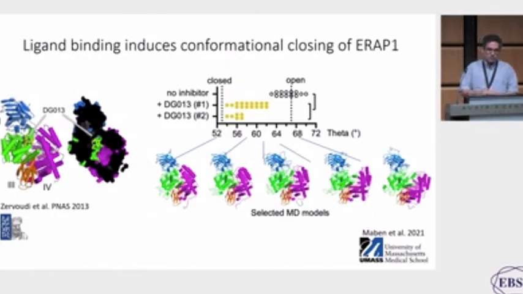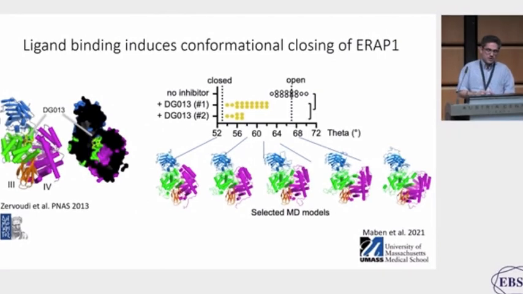However, when you put essentially anything, this is shown here with an inhibitor, DG13, one of the prototyping tool inhibitors we developed a few years ago to investigate this enzyme and also its pharmacological repercussions. When you add an inhibitor on the catalytic side, the enzyme closes, collapses, and takes something that is at least close to the closed conformation that we see in the crystal structure.